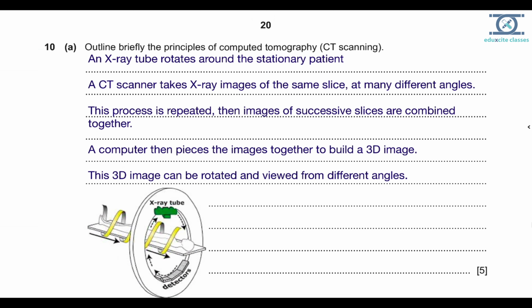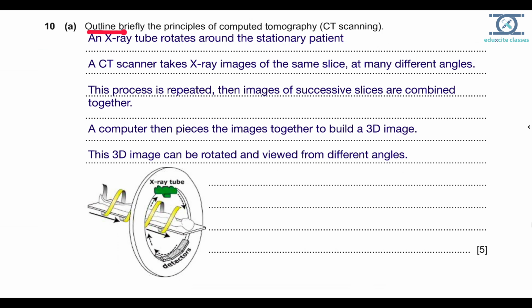Now the question number 10, that is one of the common questions. Briefly explain the principle of CT scanning. So you have to mention the principles, that is an X-ray tube. You can see here, no need to draw a diagram, I just give you a reference so that you can easily understand. An X-ray tube rotates around the stationary patient. A CT scanner takes X-ray images of the same slice at different angles.